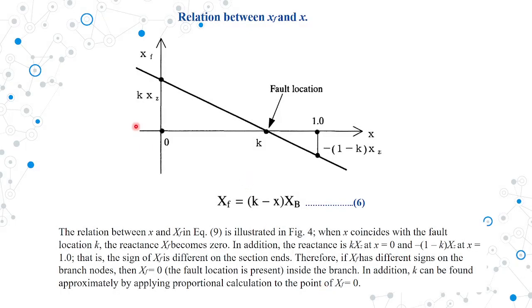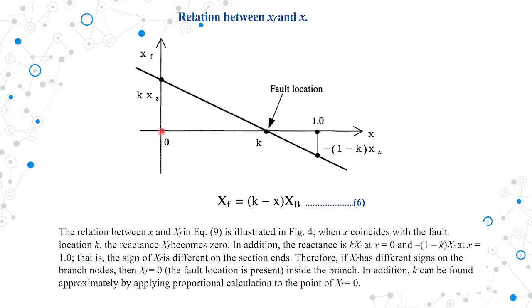So what is the relationship between these quantities? X denotes one location and K denotes another location of the fault in the transmission line, and XF is the fault reactance. When X equals 0, the fault reactance is also 0.